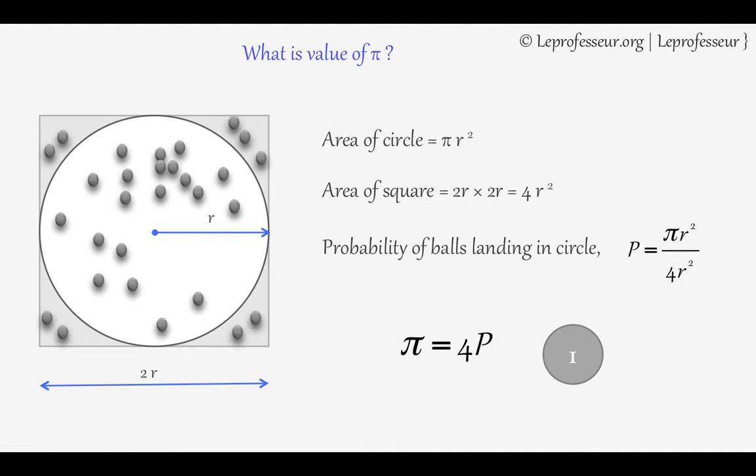Good. So this is the basic idea about estimating or approximating the value of pi. And essentially the same idea applies to the Monte Carlo method in general terms.